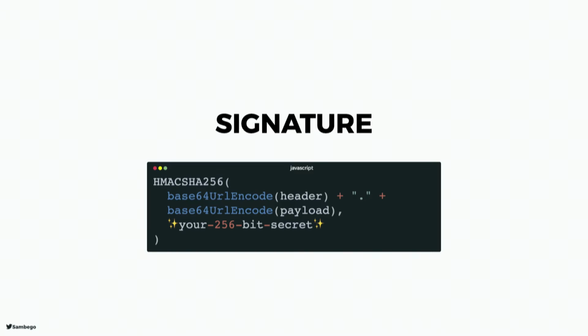If you use other algorithms, you're going to use a private key and a public key, which is more secure, but this is easier to show. So you basically just run an encryption or a signing algorithm with your header and payload inside of it, and that's your signature.